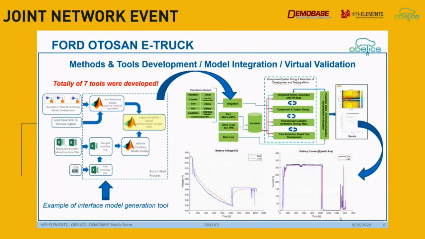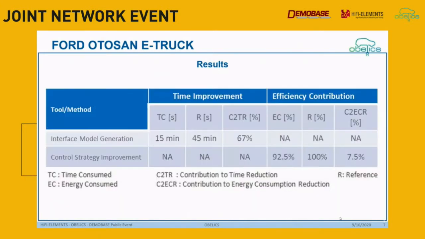By matching these interfaces, the plant model and the control system model, we can see an improvement in development time of about 67%. The next example is the control strategy implemented for the gas pedal. With this control improvement strategy, we achieved a 7.5% improvement on this Ford Otosan e-truck.